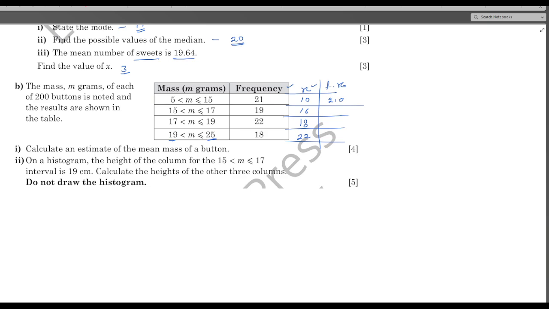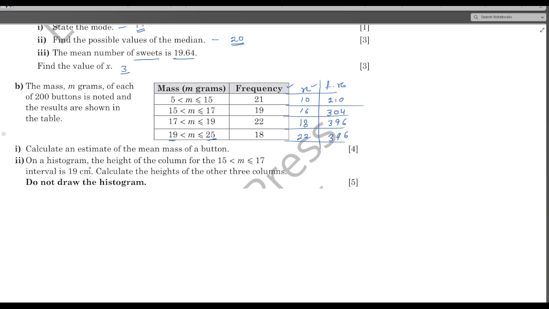It is not necessary that you make this column, but you have to do this calculation, f into x. So 16 times 19 is 304. Then 22 times 18 is 396, and 18 times 22, here again it is 396.